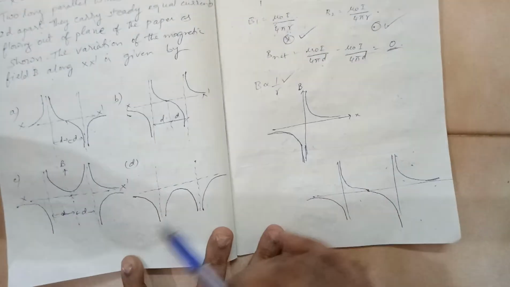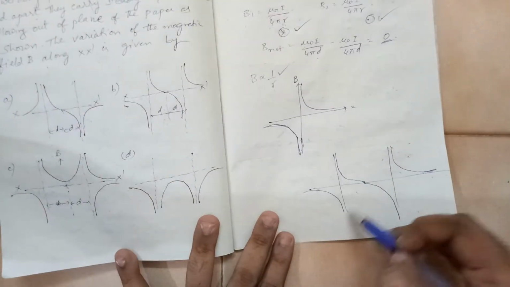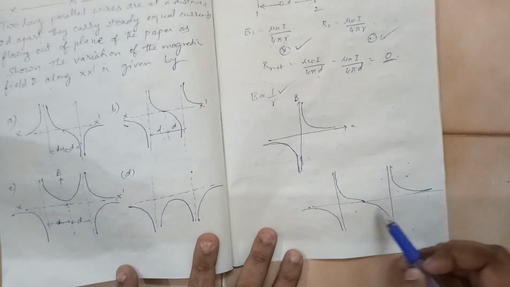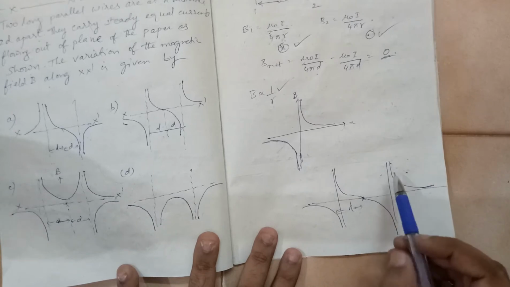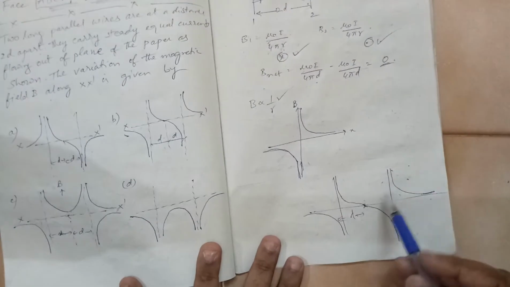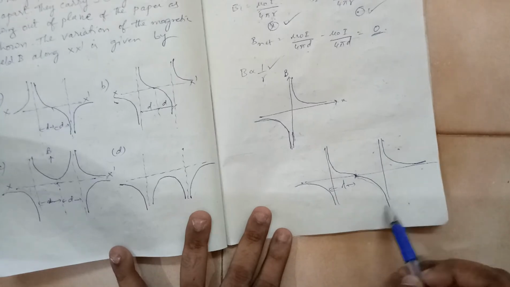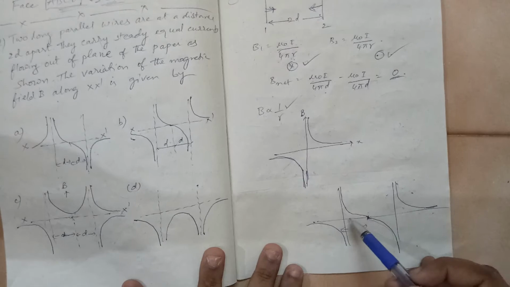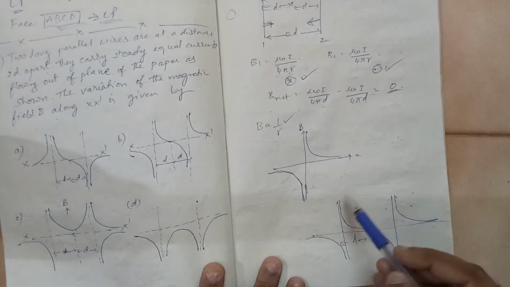If you want to draw for both the wires together, I have drawn the wires. The variation for the right hand side wire will be like this. Now at this point, which is at d distance, the net value has become 0. So it will start from 0 and it will be like this. Similarly for the left hand side wire, as r tends to 0, B will be infinity.